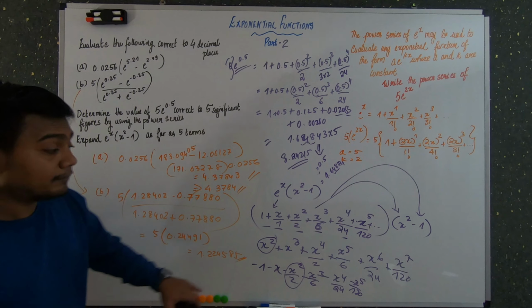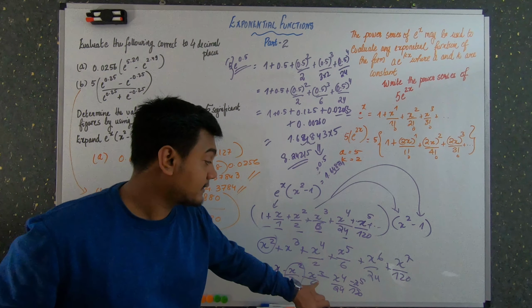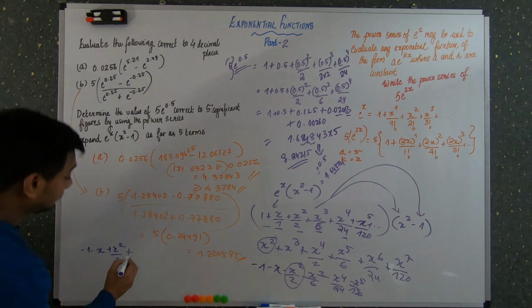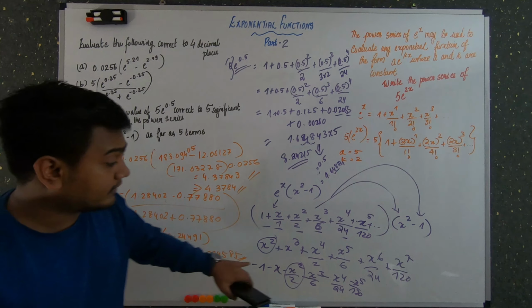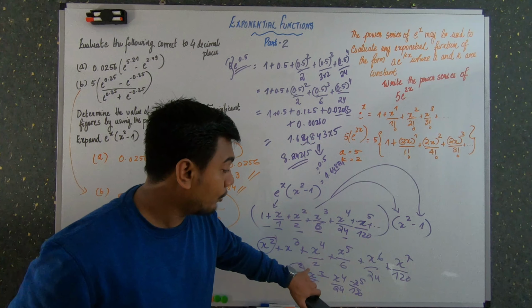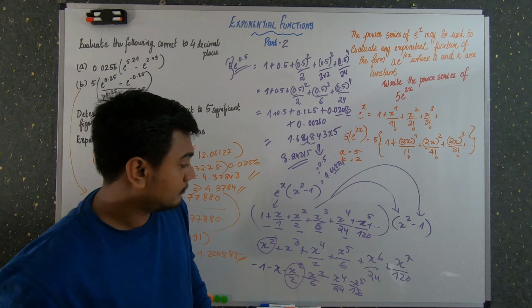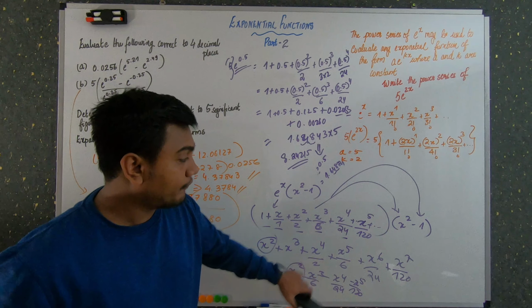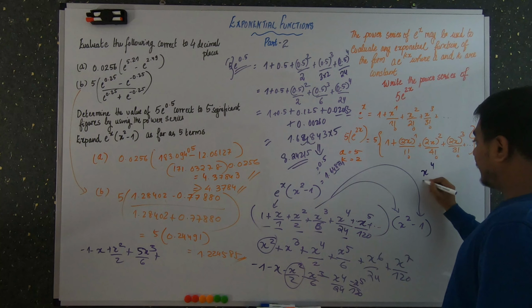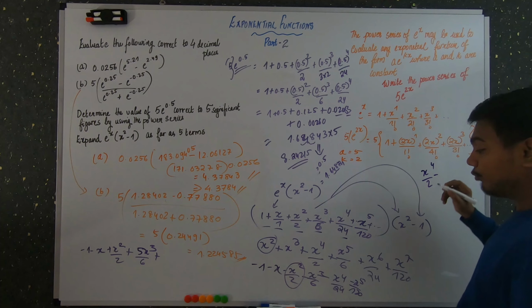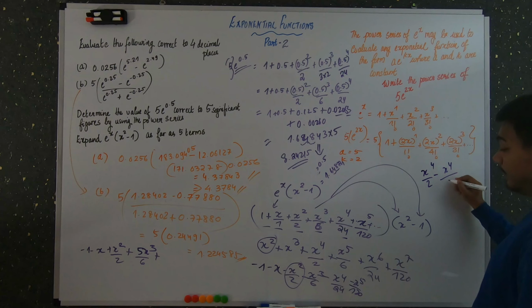Okay, what is the next term? x cube minus x cube by 6, which would be 5x cube by 6, right? What is the next term again? x raised to 4 by 2 minus x raised to 4 by 24, right?